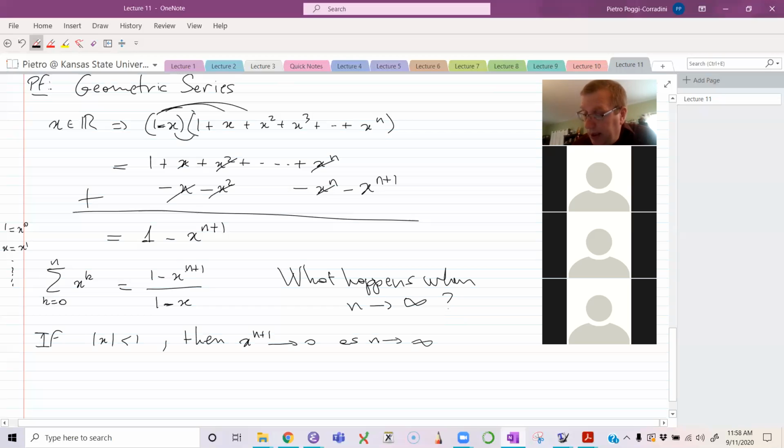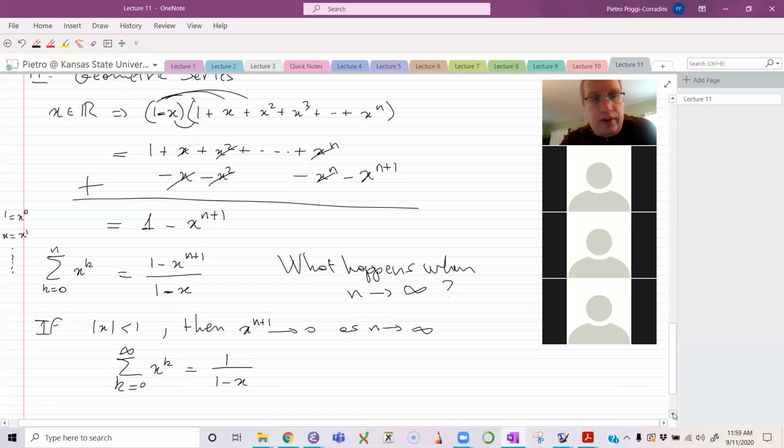And so you can take the limit here, and you get that the total series from 0 to infinity converges to 1 over 1 minus x. This is a very famous formula, very useful in many, many situations.